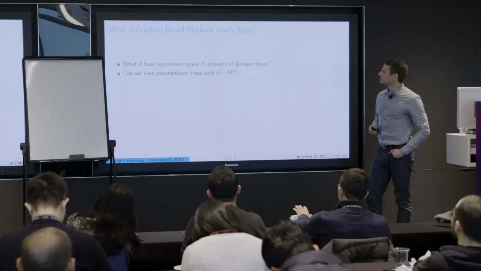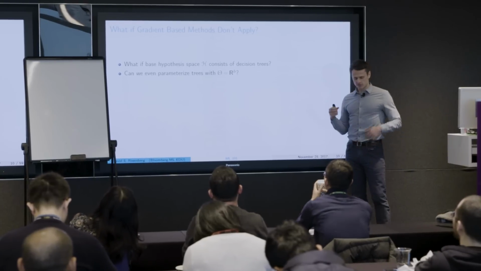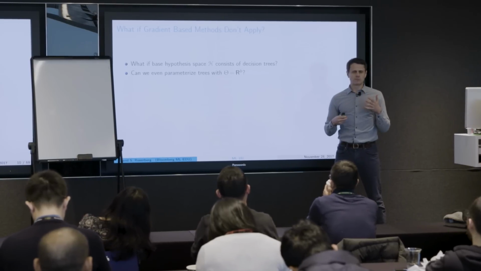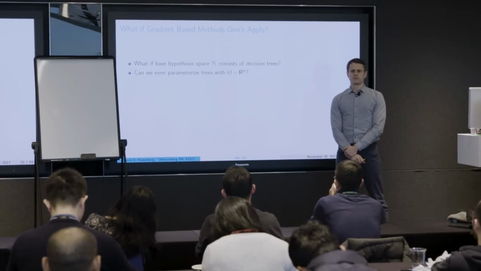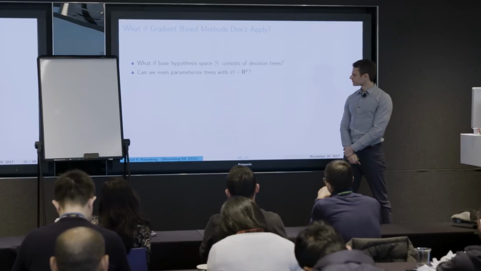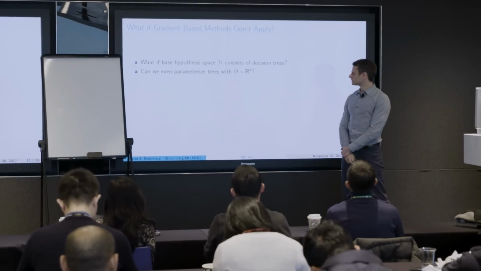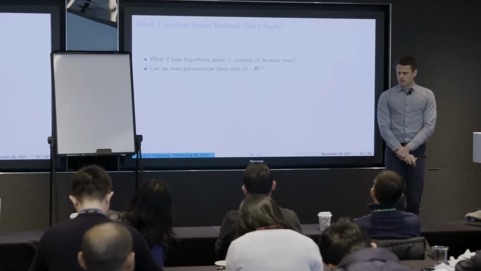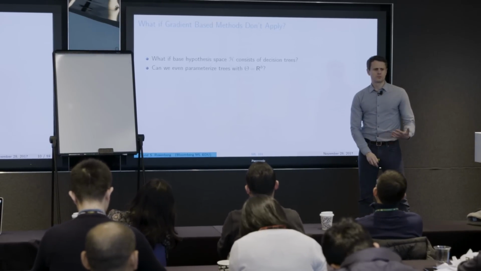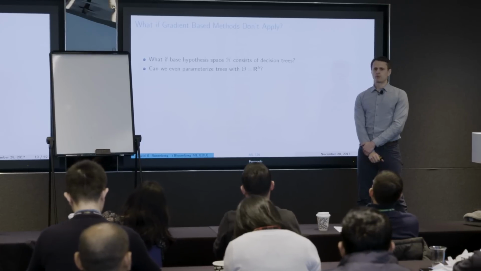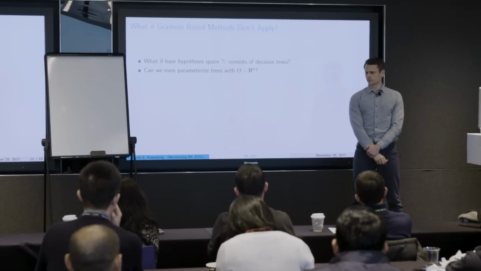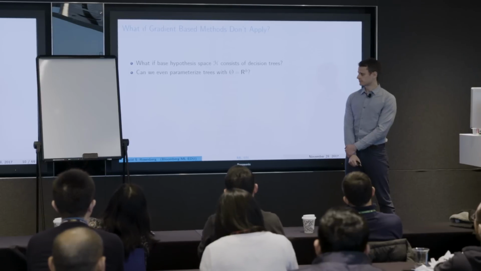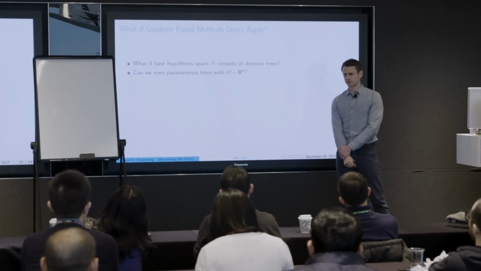OK, so specific case of trees, let's just think about it for a moment. Can we parameterize the space of trees in some way with some finite dimensional vector in R^b? What would be the issues we encounter if we try to parameterize the space of trees with a finite dimensional vector?